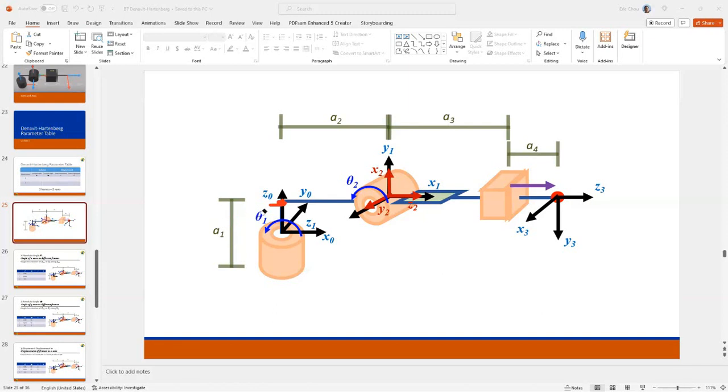Theta 2 is the second angle that it rotates over here. And then there's an A2 from this point to the center of this point. That's the distance we fill in the Denavit-Hartenberg table.